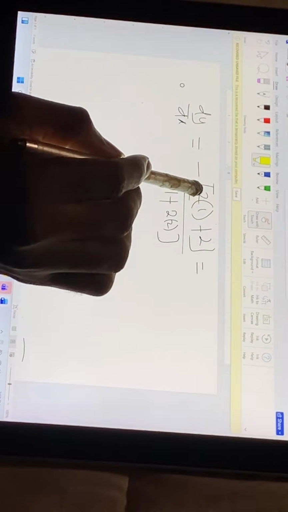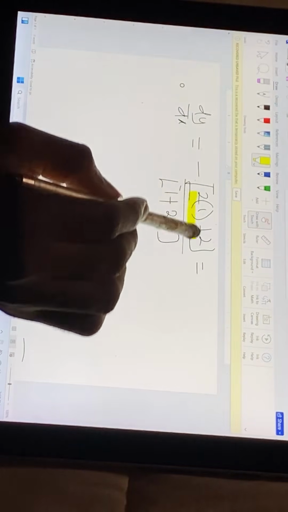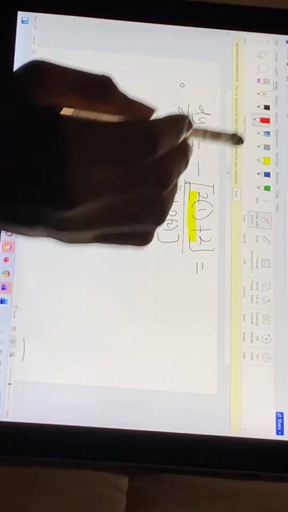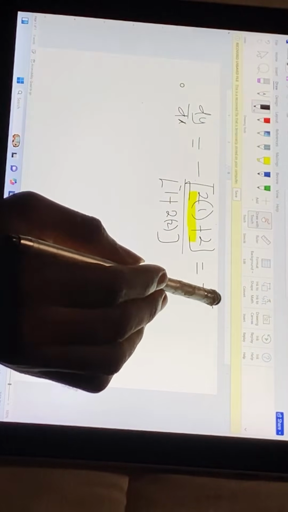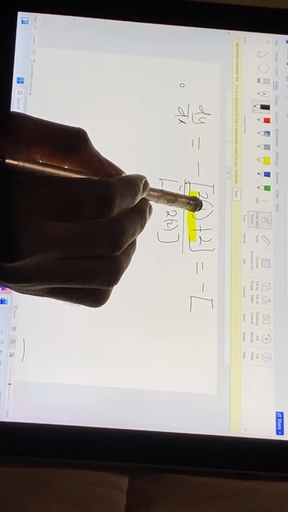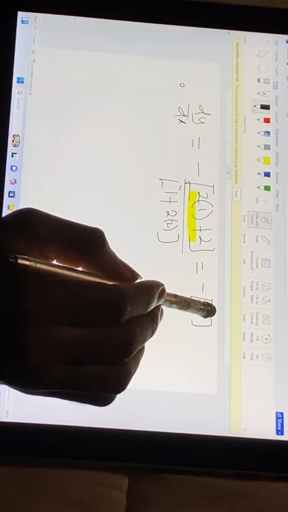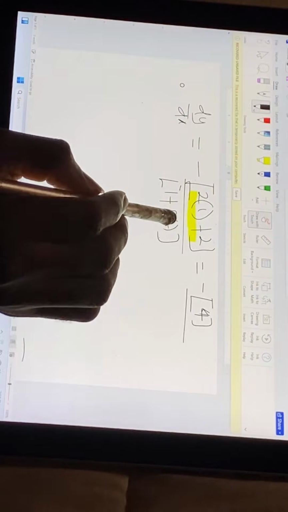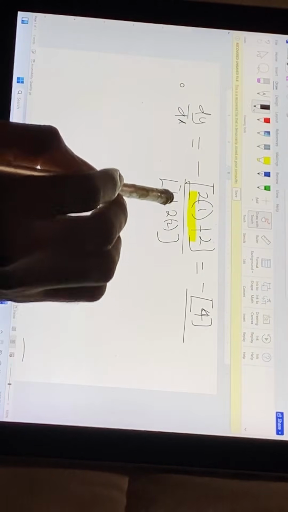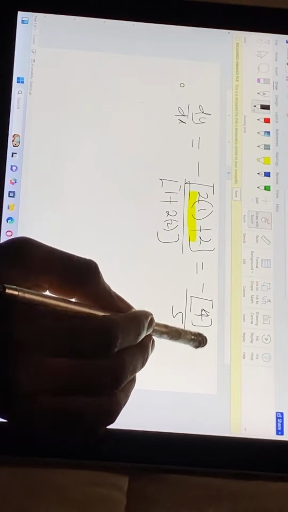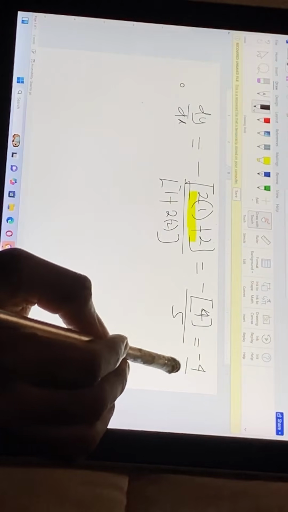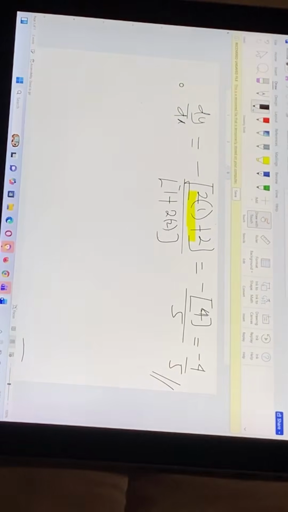So simplify, it will be minus 4 over 5. Please take notes.